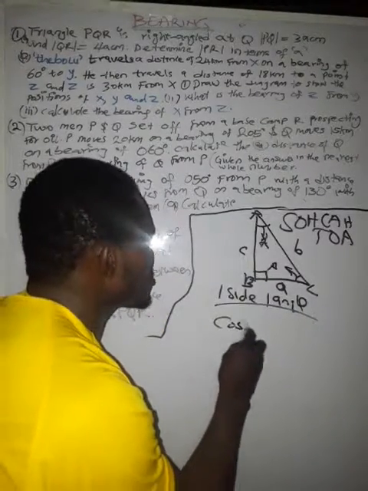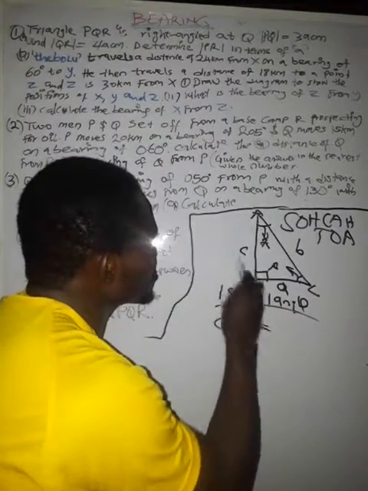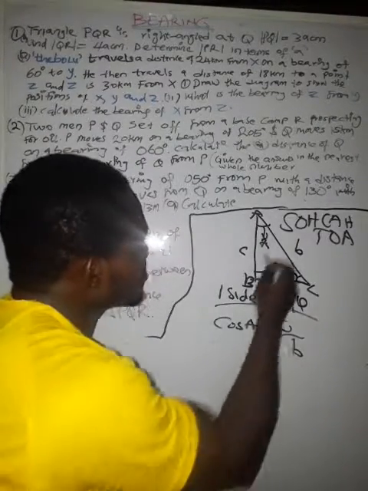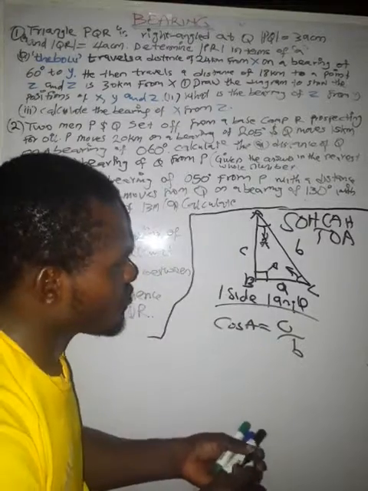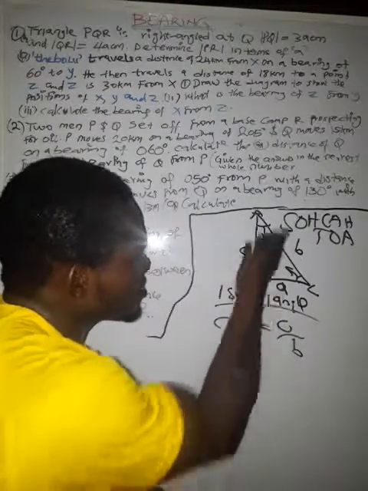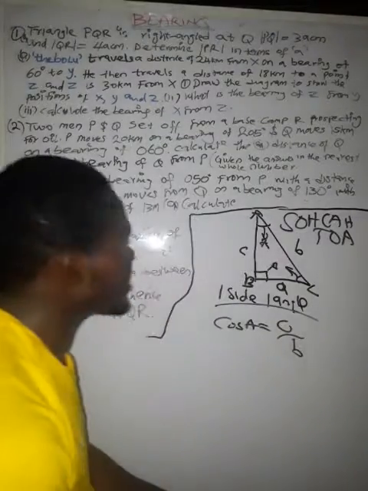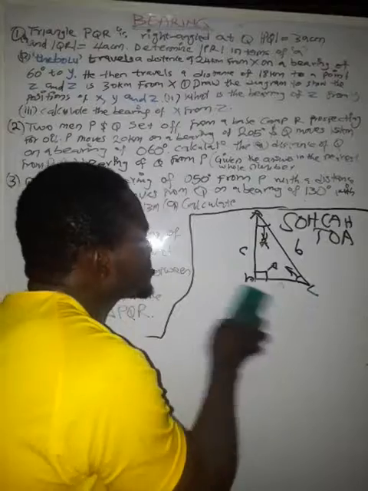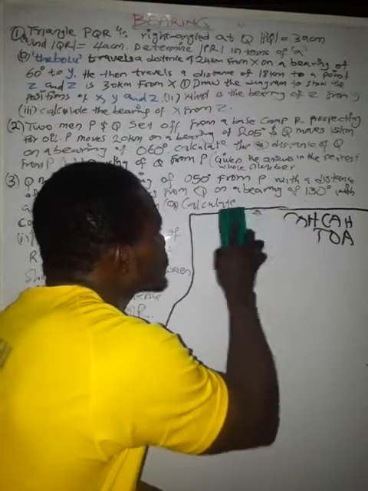Now say cos A is equal to, which one is adjacent? You mentioned c, over hypotenuse b. From here you can now calculate angle A. So that is the first formula, the Pythagoras theorem, in answering bearing questions.